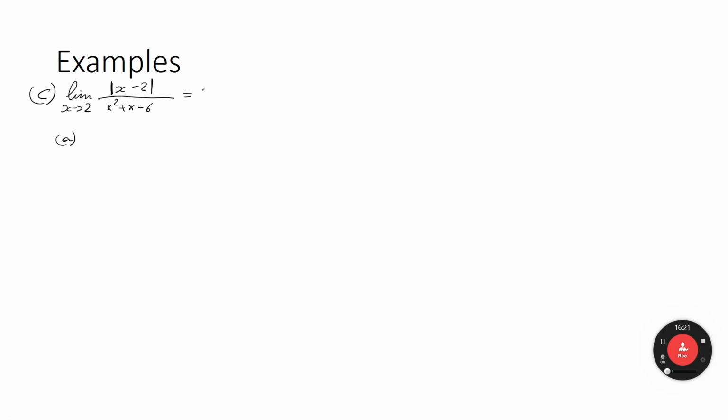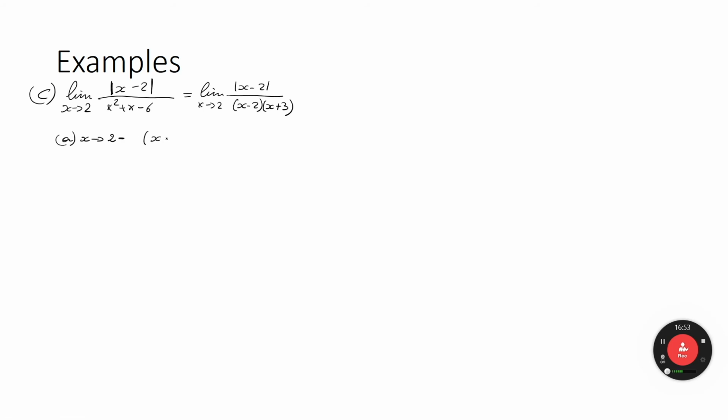And actually, before we do that, let's write this as x going to 2 and factor the denominator. So you can write the denominator as x minus 2 times x plus 3. And let's start with the case of x going to 2 from the left side.